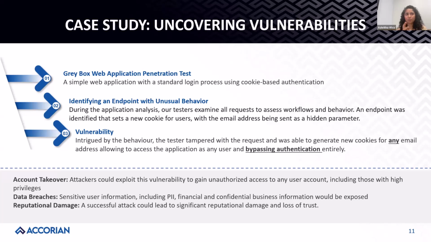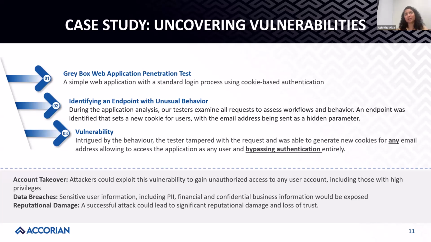Typically, if we provided any valid email address, a new cookie was generated and linked to it, which meant that we were able to log in as any user without the credentials, right? Just provide the email address to that endpoint, get the new cookie, and access the entire application impersonating that user. We didn't need the user's credentials to access the application. So we were able to bypass authentication entirely, right?